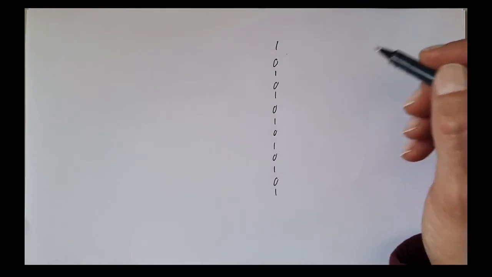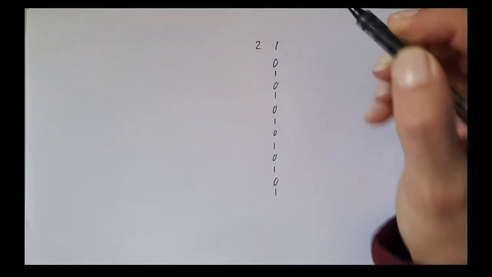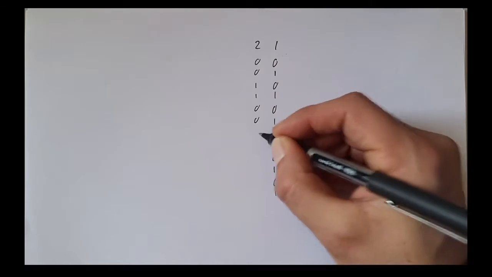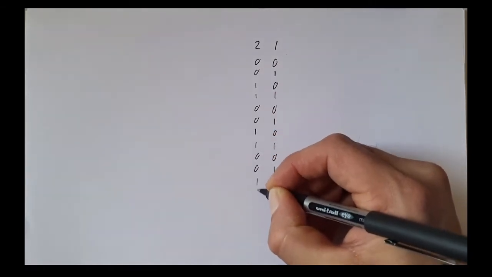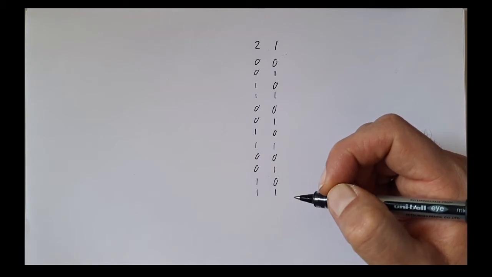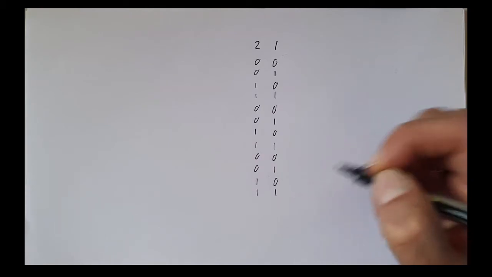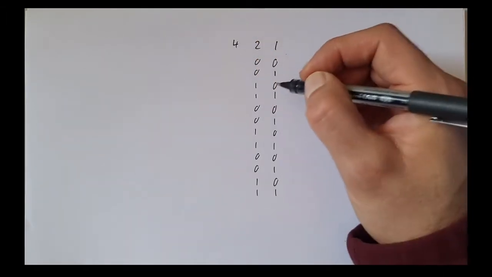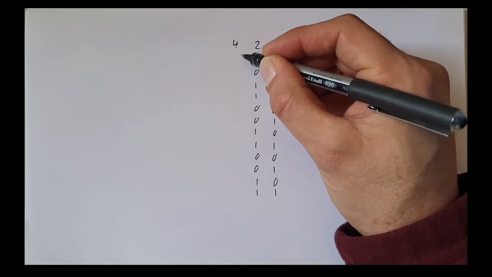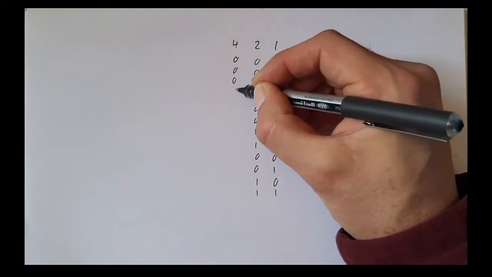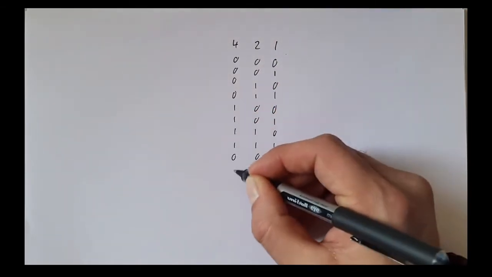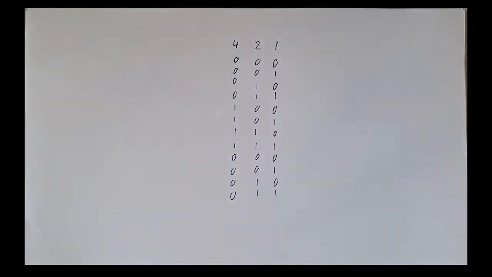Then you continue with position 2, and you toggle each second time, so that you have the sequence 0011, 0011, 0011. Then you continue at position 3, which is 4 in value, and then you just repeat 4 times the same value. And this automatically generates all possibilities.